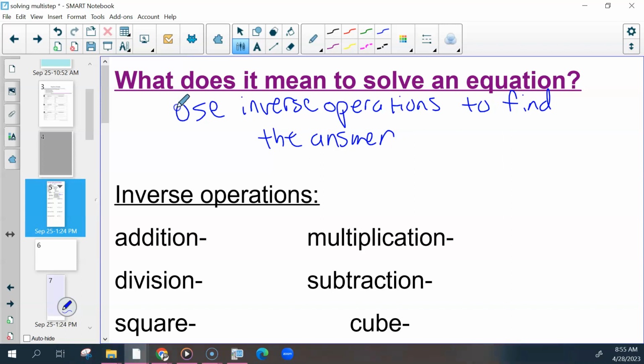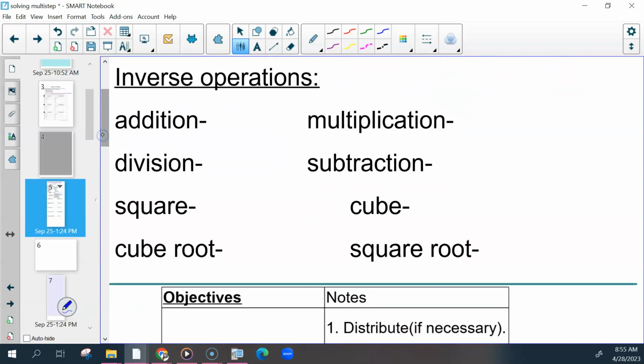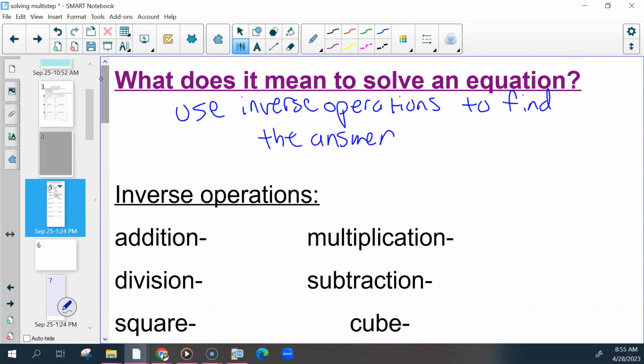Skip a couple pages. It's on that page. Which of these are inverse operations? Just so we are remembering and reminded. Which of these undoes the other, or is the opposite of the other?